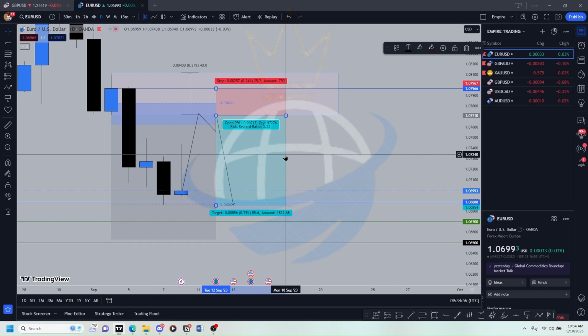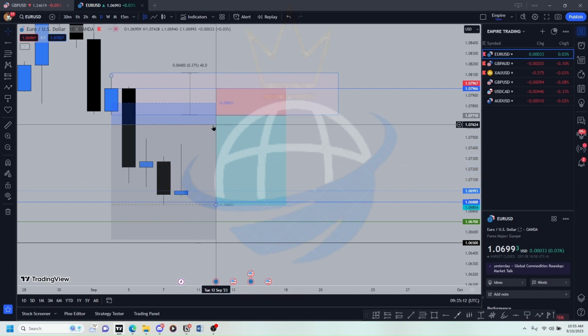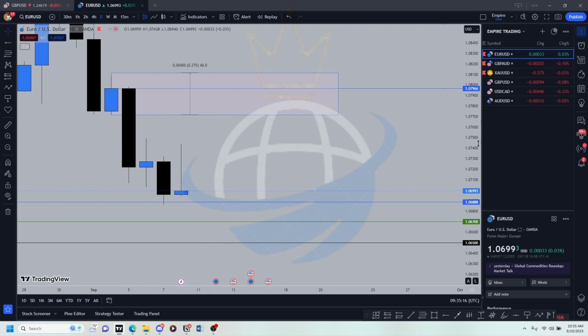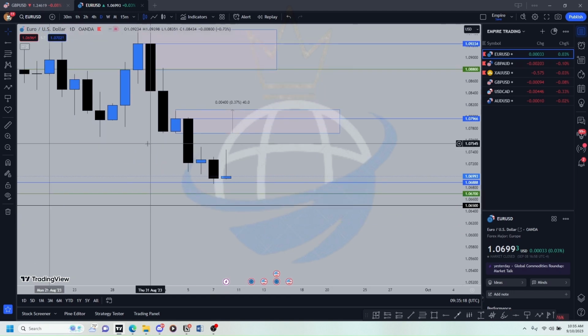The first confluence is the downtrend, as you know. The second confluence is the body to body region. The third confluence is the supply area that was here, and the fourth confluence now is the Fibonacci. You see, this will really aid and improve the results.